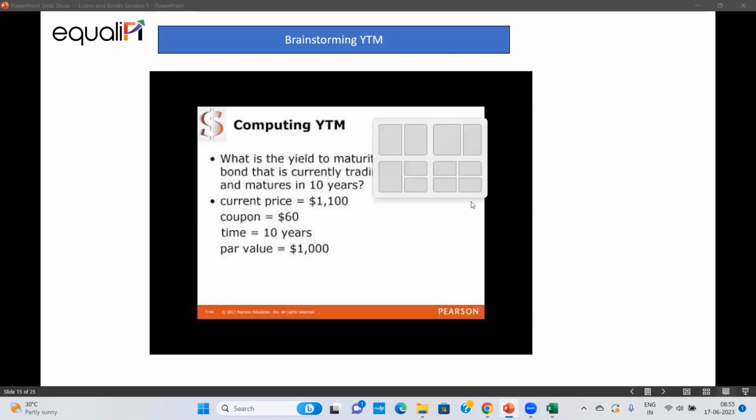Someone said 4.72. 4.72 should be the correct answer.